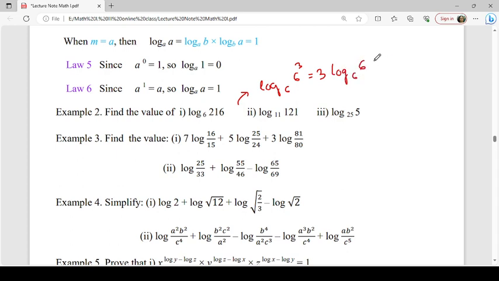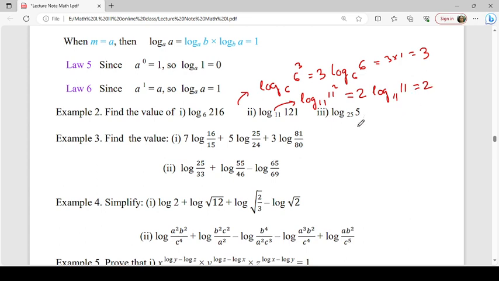So 6 to the base 6 is 1, and this is equal to 3 into 1, which is 3. Similarly, this one is log with base 11, 121 is 11 square, so 2 will come here. Log of a to the base a is 1, so it is 2.